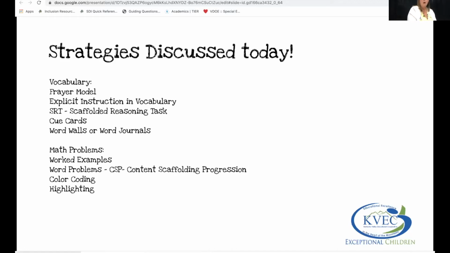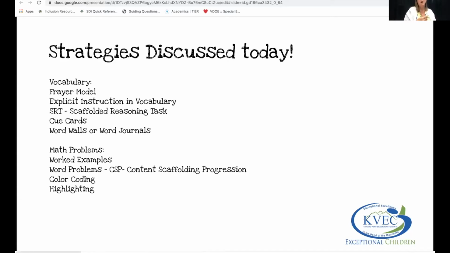But the word sum in math class is different than the word some that we use in our everyday language. So that's a problem. So how do we make sure that the explicit instruction our students are getting in that vocabulary is something that they are really going to hang on to? So that's going to be my first thing that I'm talking about.